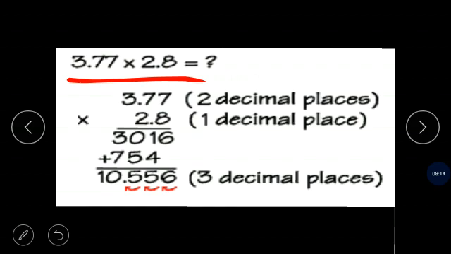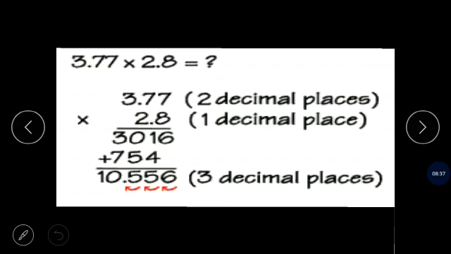Just write it in the format of multiplication, as you write any numbers. In the first number, how many decimal places are there? 2 decimal places. In the second, how many decimal places? 1 decimal place.